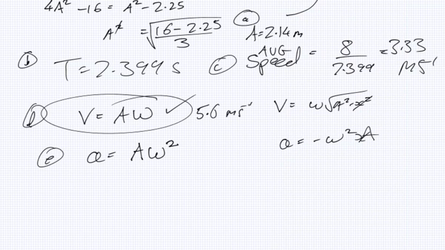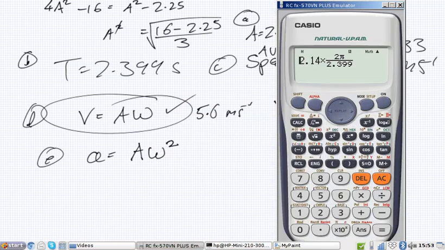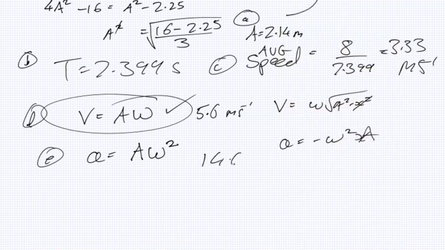And then the acceleration is a omega squared. Omega squared. 14.68. For the A.